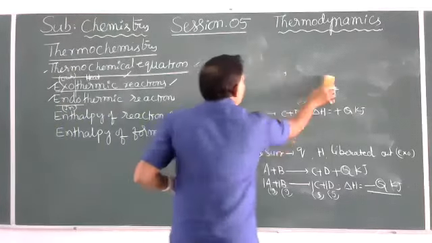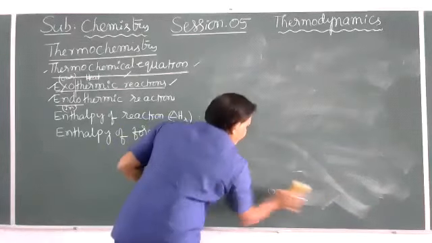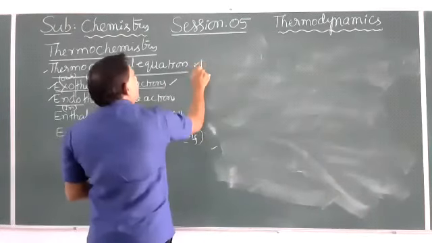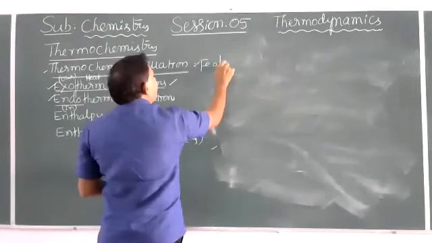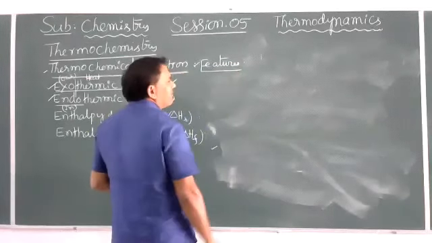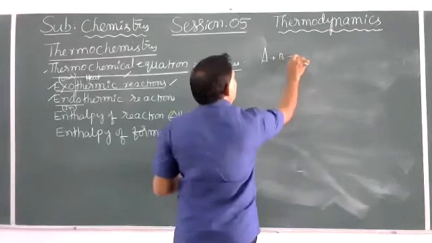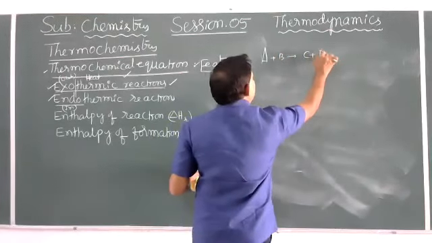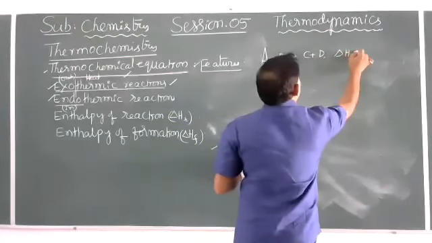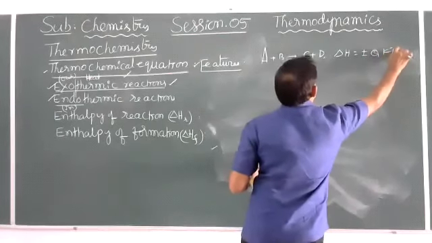Here are some important features of thermochemical equations. We know a thermochemical equation is A plus B gives C plus D, delta H equals plus or minus Q kilojoules per mole.